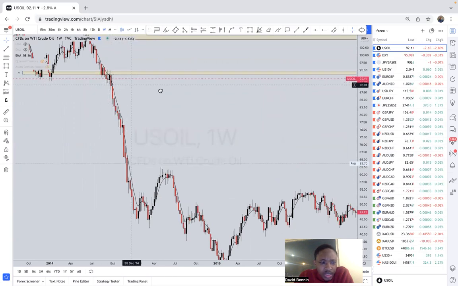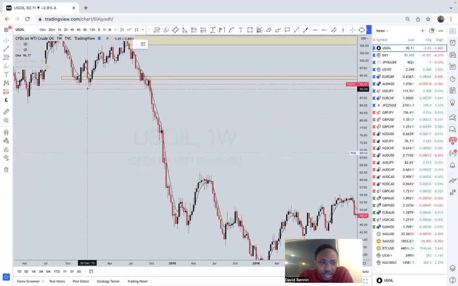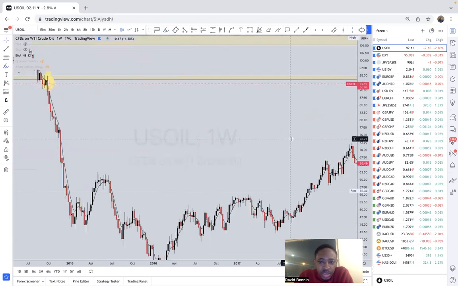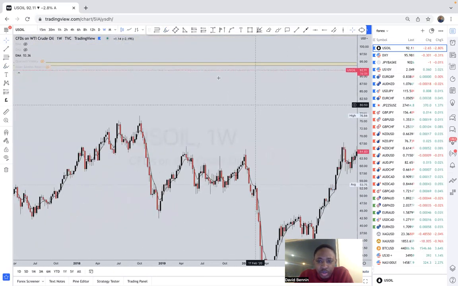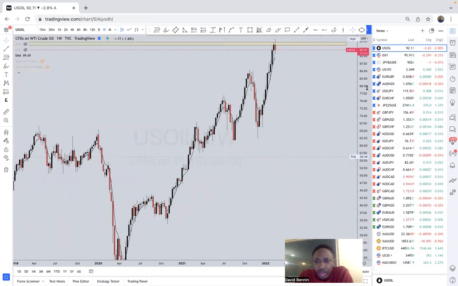At this level on the weekly time frame, we have price creating this strong level, and we also have price setting liquidity here. So this is a level where we could see price potentially dropping.